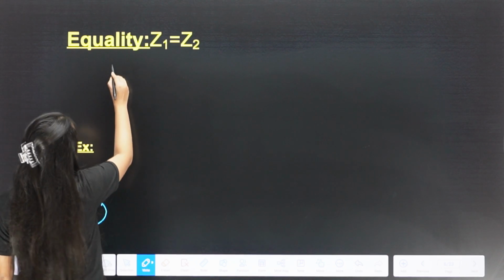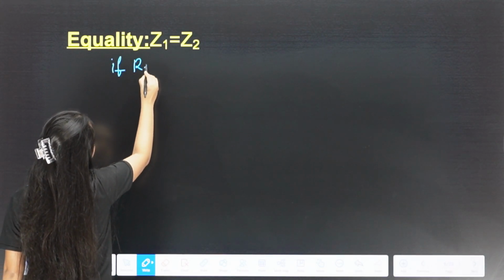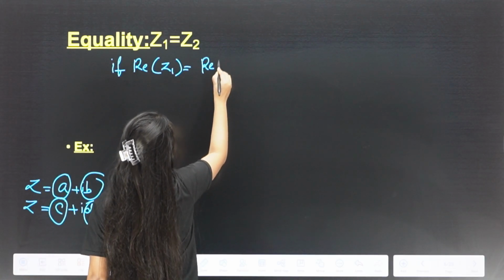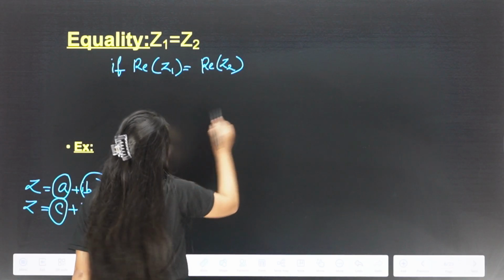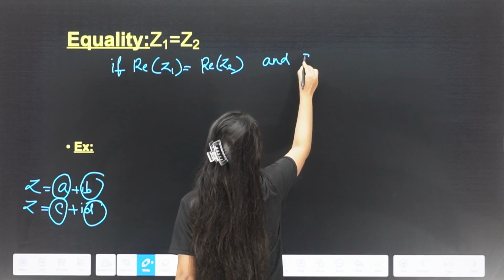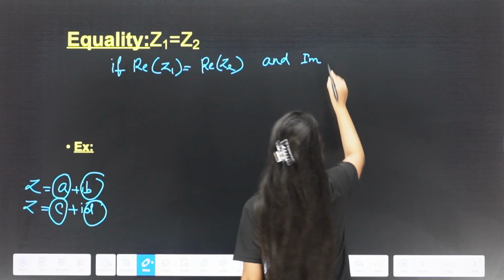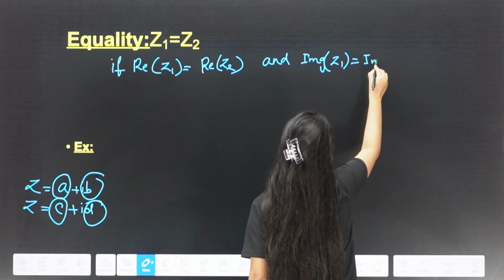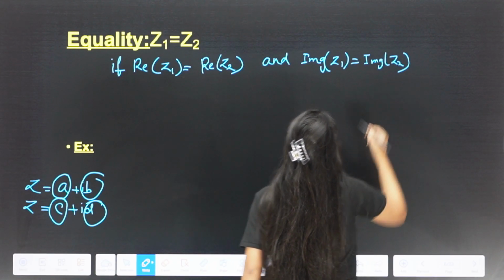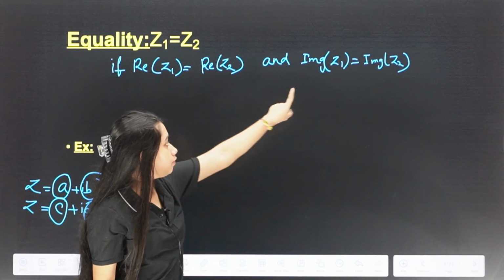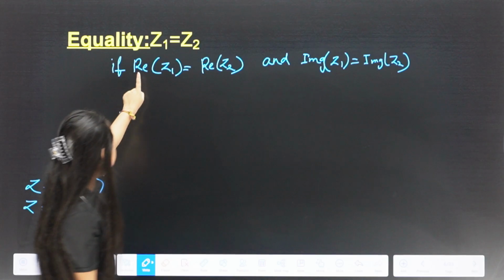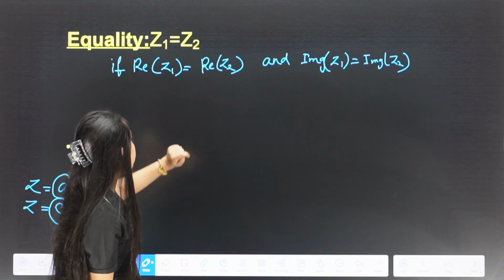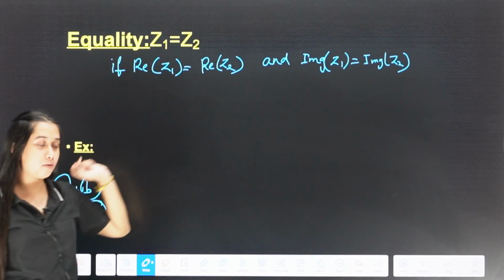That is, if the real part of z1 is equal to the real part of z2, and the imaginary part of z1 is equal to the imaginary part of z2, then we will call the two complex numbers equal.